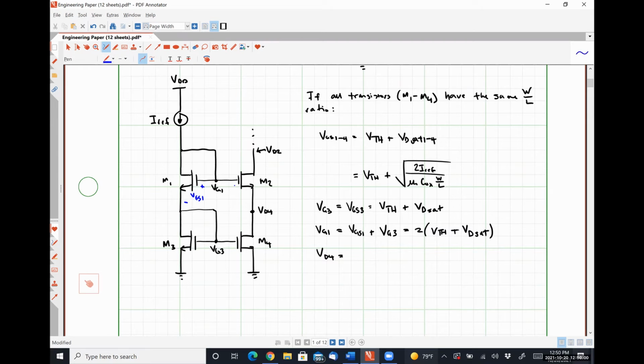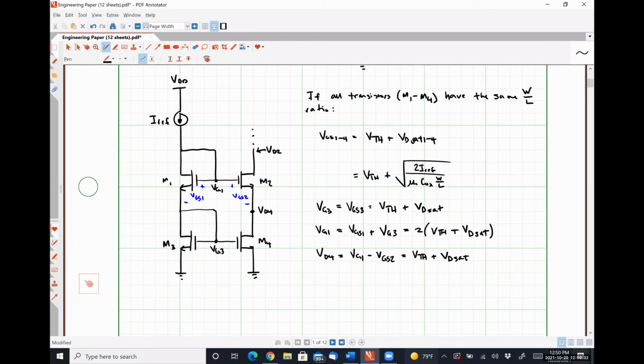So we have a voltage here, VGS2. So that means VD4 has to be VG1 minus VGS2, or VTH plus VDSAT.